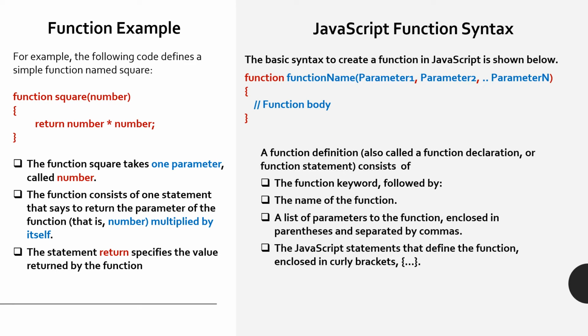Now let's see some examples. Before we discuss examples, let's see the syntax of a JavaScript function. We have already seen the rules. We should have the function keyword, then the function name, then the parameters used in the function, and this is the body of the function.